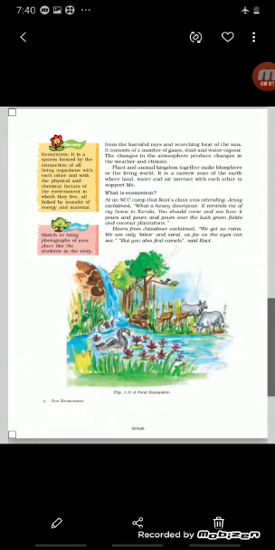Let us know about biosphere. Plants and animal kingdom together make biosphere or the living world. It is a narrow zone of the earth where land, water and air interact with each other to support life.